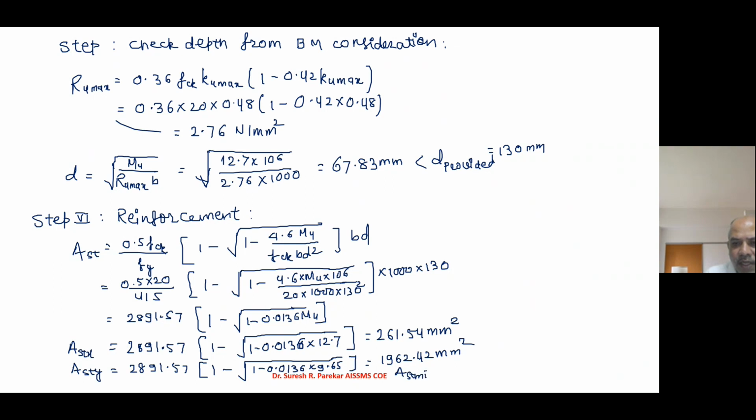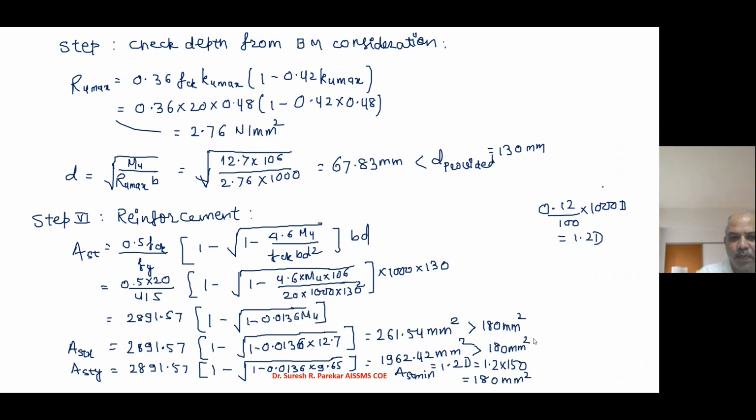We can take it as 0.12 percent, so 0.12 upon 100 into 1000, which is the B value, into D. It comes 1.2 D, and 1.2 into 150 comes 180 mm square. Both these values are greater than 180 mm square, so we have to provide these values.